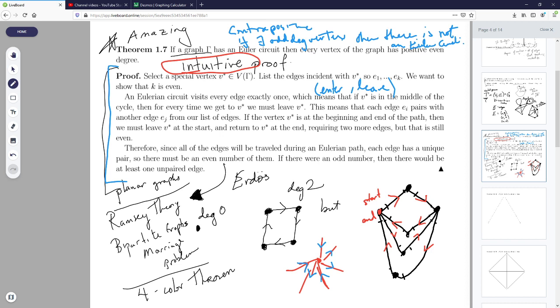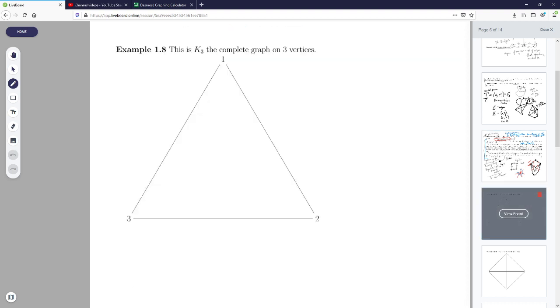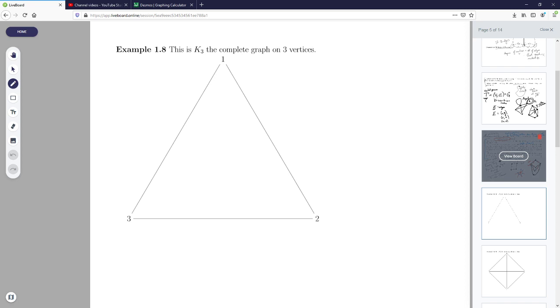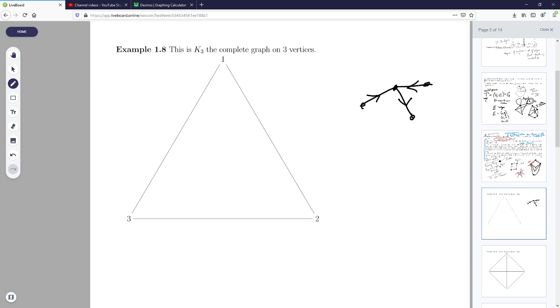So the next thing I want to talk about is just a random smattering of graph theory. I think it's kind of interesting. In an Euler circuit, you can't get stuck at any particular node. If you have three edges coming into one node, then at some point you have to come either in or out on this one. Say you go out on this one, and then you come in on this one.